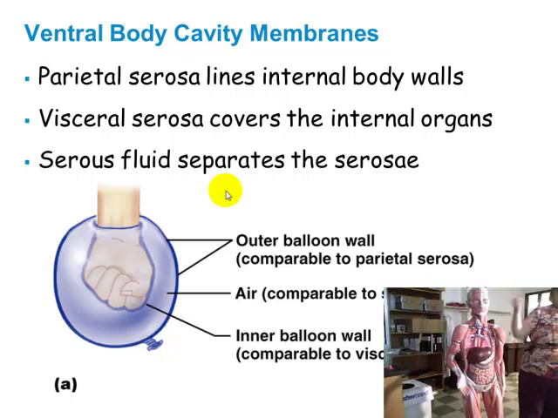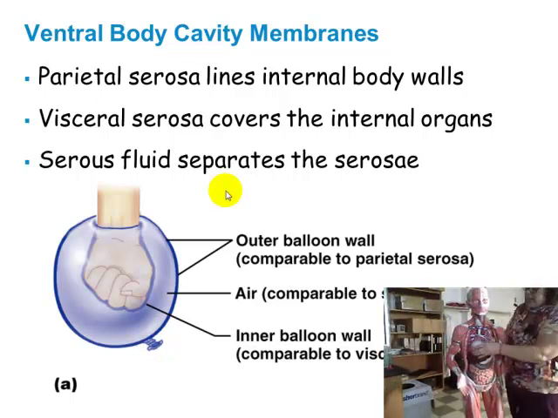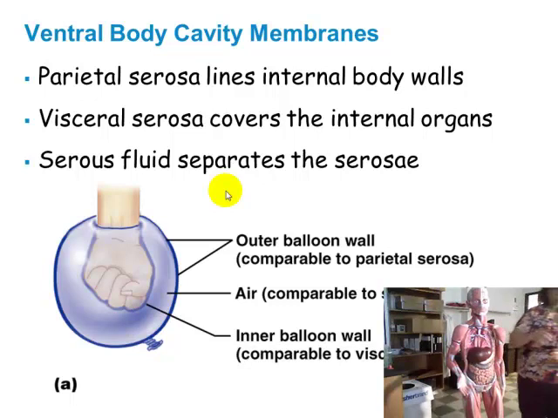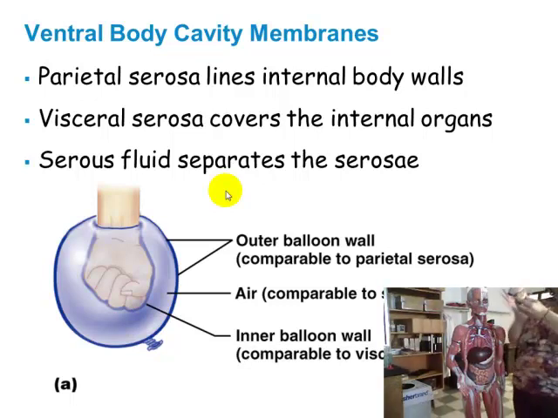Now this diagram that's shown here is trying to show you one way that you can think about these, which is that the serosae are a continuous layer. One part wraps tightly around the organ. Right? So if we're talking about the pericardium, which is the heart, there's one layer that's wrapped tightly around it and another layer that's outside of it, but it's the same tissue.